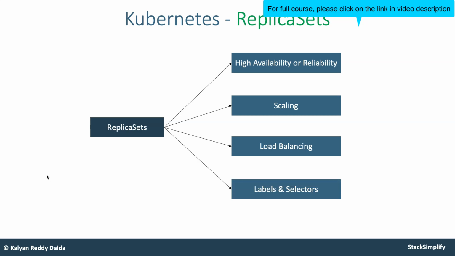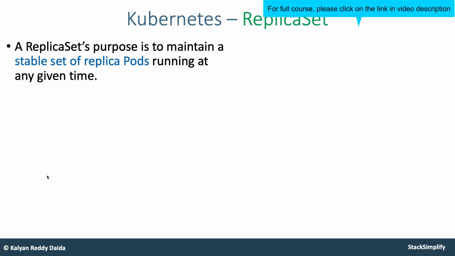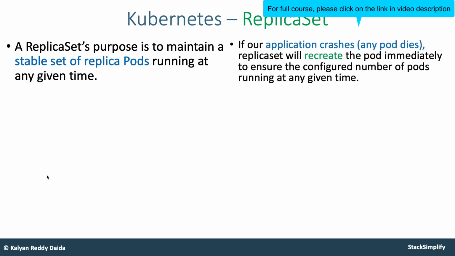Finally, using labels and selectors, we will be able to tie all the replica sets, services and pods together. With that said, a replica set's purpose is to maintain a stable set of replica pods running at any given point of time.